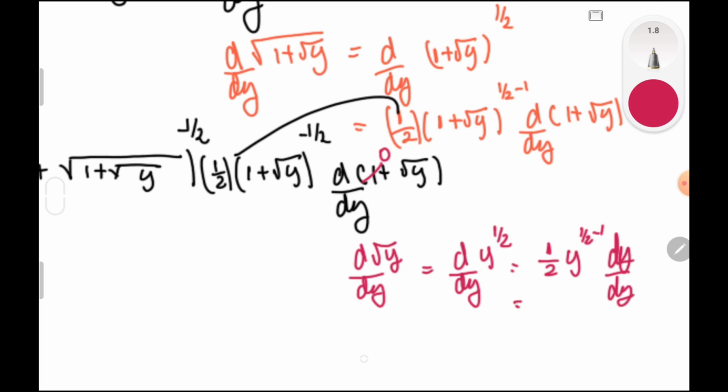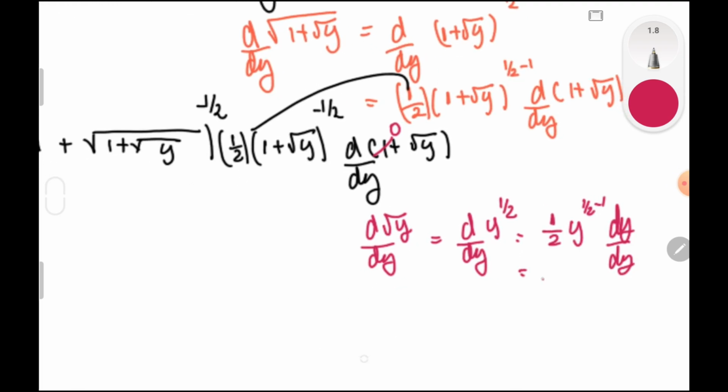Okay, so we'll have a value equal to 1 half y raised to negative 1 half multiplied by 1.